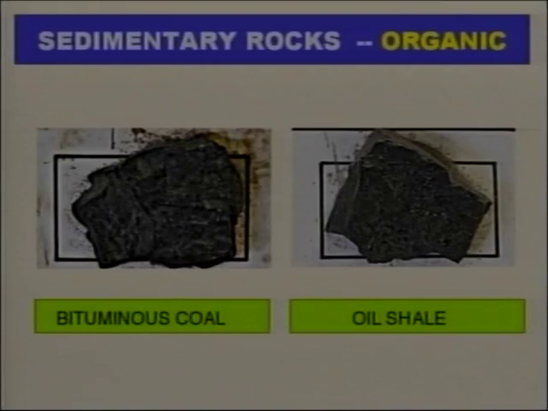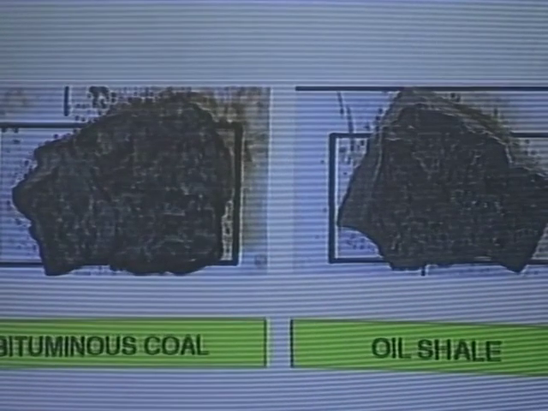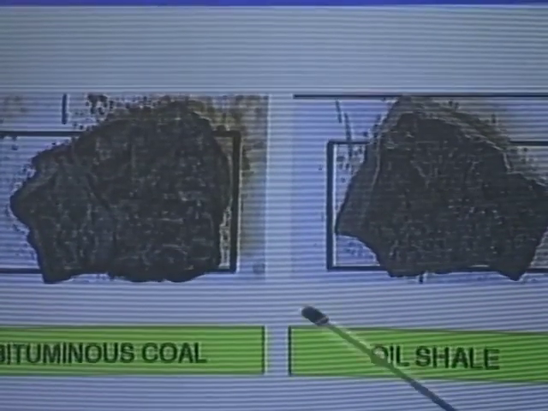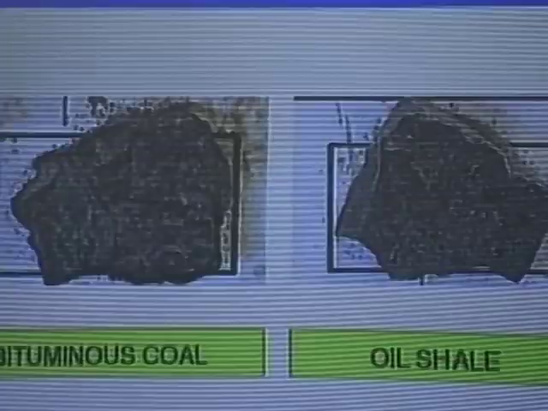They were formed mainly from those forests which got destroyed and then kept in layers over millions of years to give us the deposits of coal. You have bituminous coal here, and here you have oil shale. It's solid, giving us the rock which is oil shale.